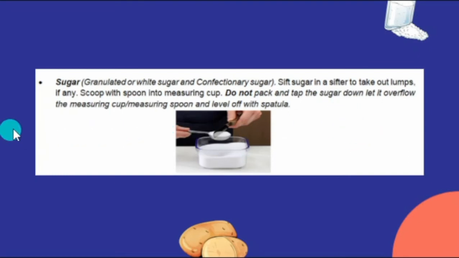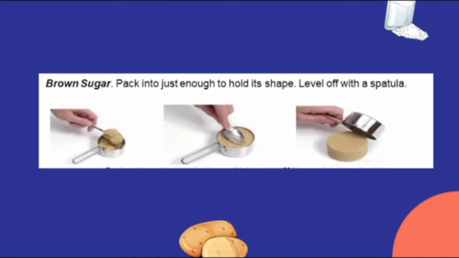Let it overflow the measuring cup, and level it off with a spatula. So no need to tap it at the side. Just let it overflow and then use a spatula again, or the plain backside of the knife.